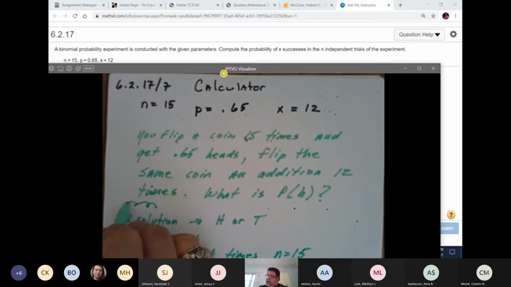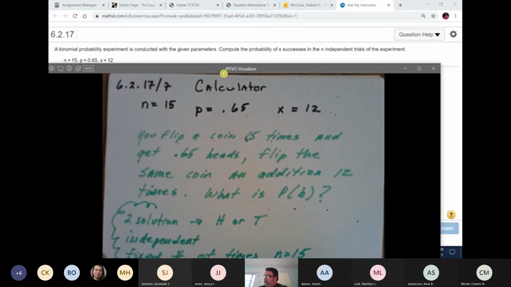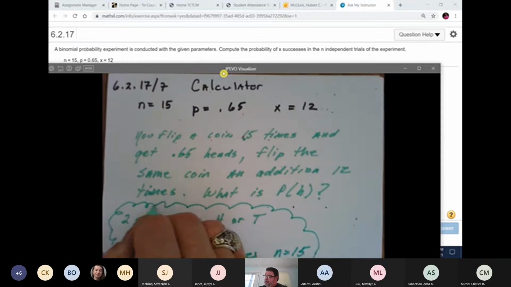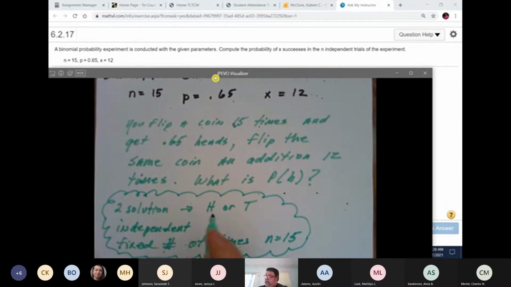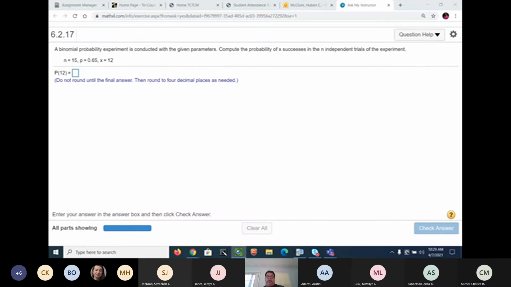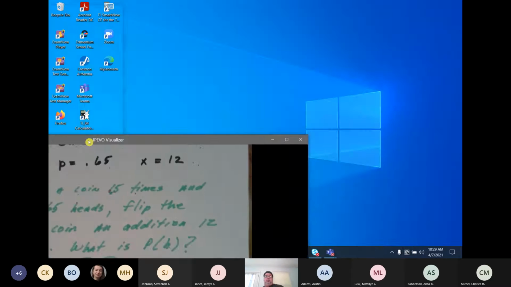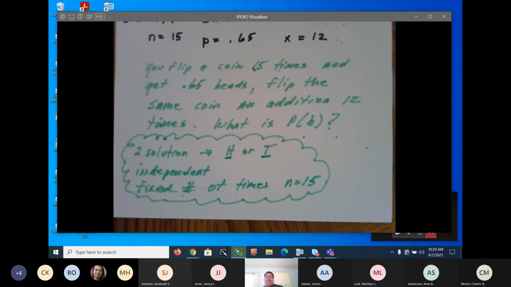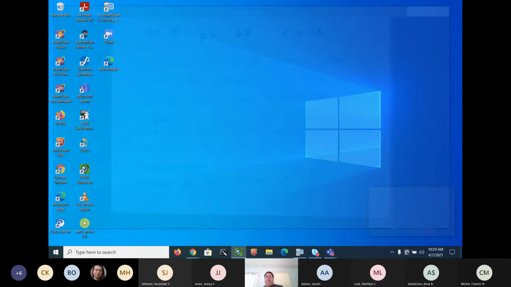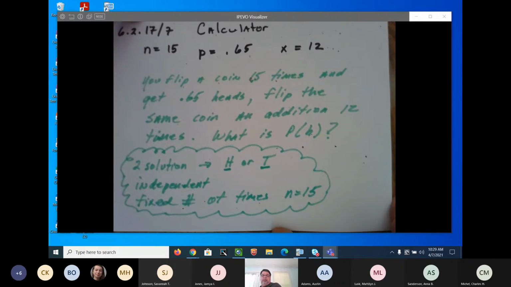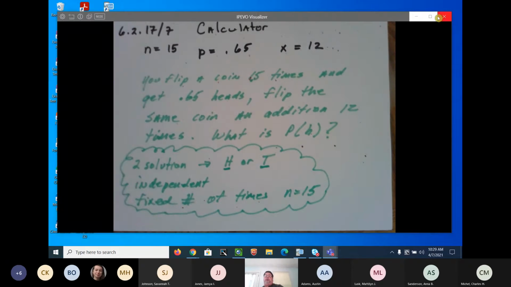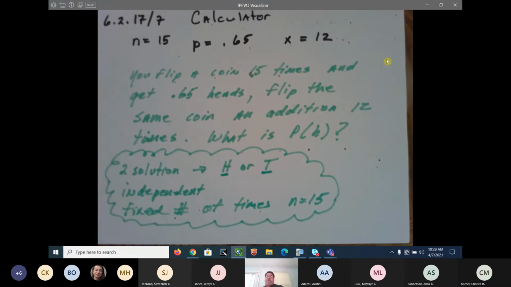So these are some of the things that they're going to ask you about, you know, is this a binomial distribution? Binomial meaning what? You got two possible answers. Heads or what? Tails. That's what makes this a binomial instead of just a probability. Well, this is precise.